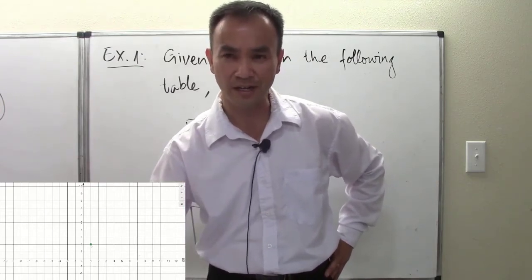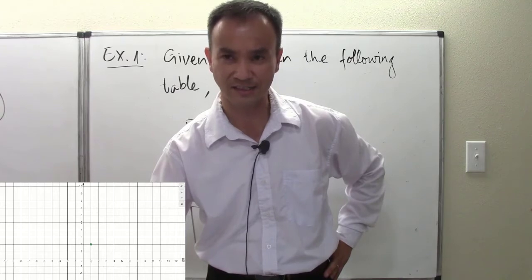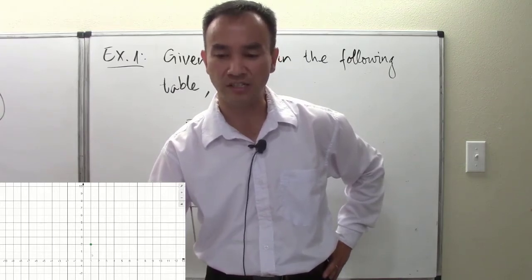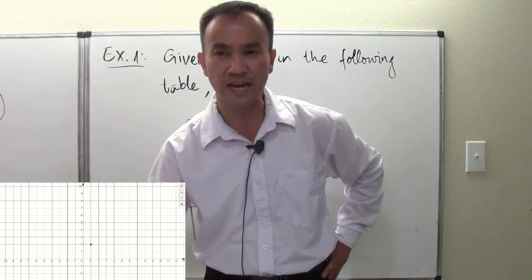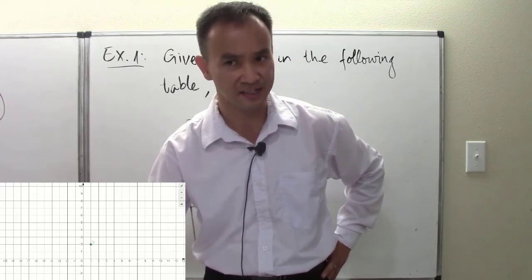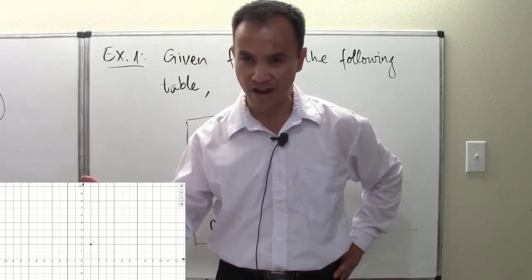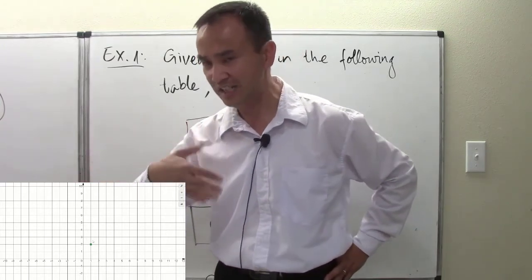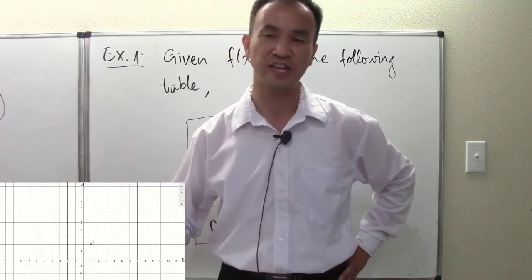This point is telling me that when x, the input, equals 1, then the output, from where this input is currently located, has a height. So watch out for the way I'm saying it, because a lot of the time I say height, and many other professors say height as well.